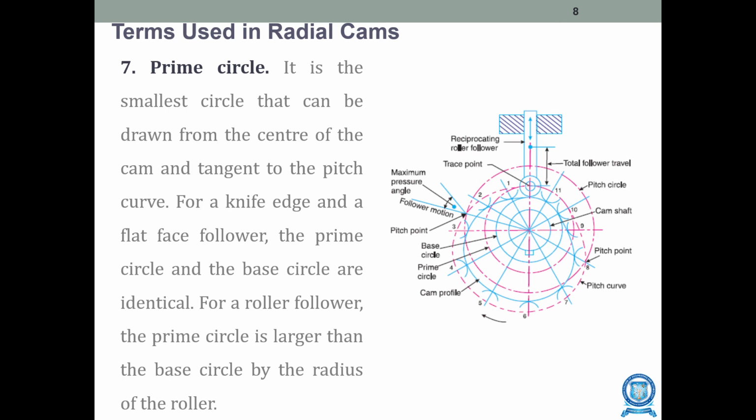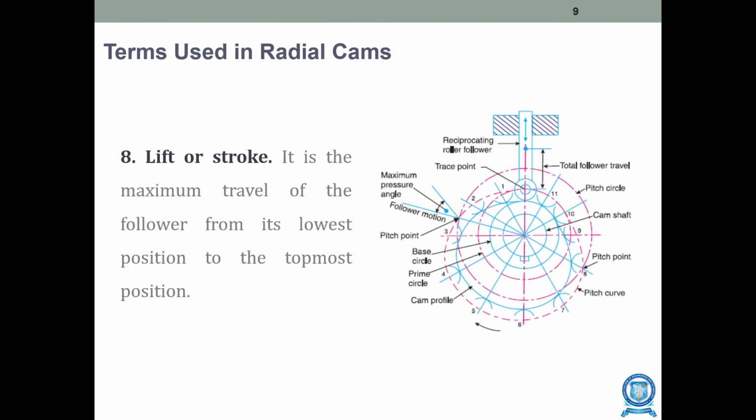Again I am repeating, you know very well the surface of contact between the cam and the follower, so the prime circle and the base circle will be identical. But in the case of a roller follower, the prime circle is larger than the base circle by the radius of the roller. These are very important terminologies used in cams.